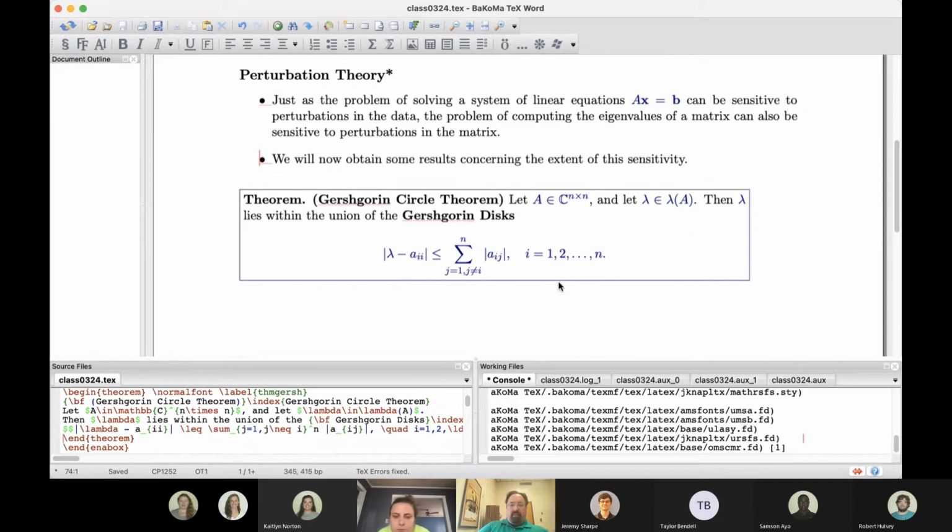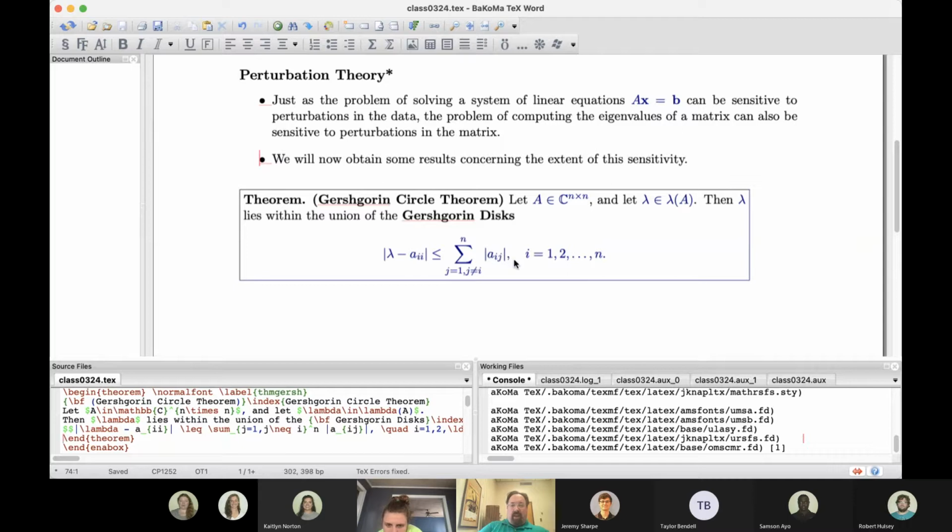What this theorem says is, if you were to draw disks in the complex plane that were centered at the diagonal entries of A, then the radius of a disk would be equal to the sum of the absolute values of all the other elements in that diagonal entry's row.